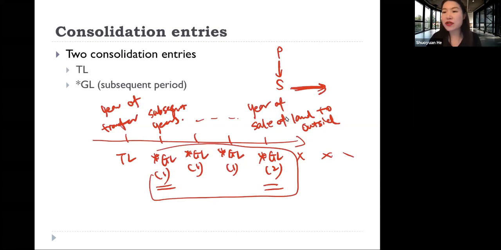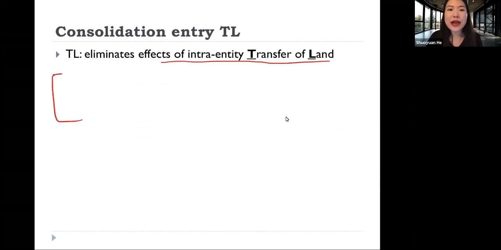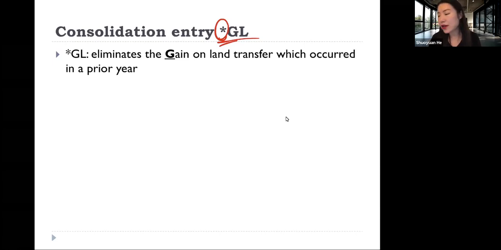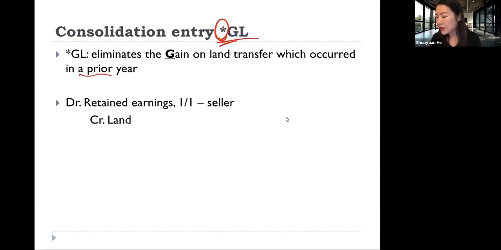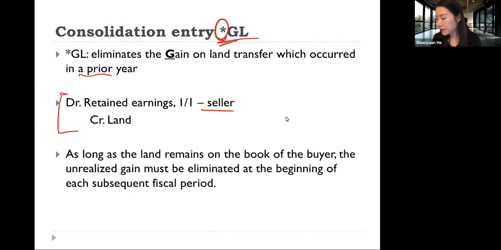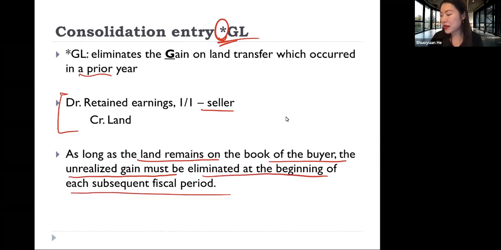So the *GL entry, the purpose is to eliminate the gain on land transfer which occurred in a previous year. And the entry is to debit retained earnings of the seller. If it is a downstream transfer, the seller is the parent. If it is an upstream transfer, the seller is the subsidiary. As long as the land remains on the book of the buyer, the unrealized gain must be eliminated at the beginning of each subsequent fiscal period. We're going to talk more about it later when we use the example.